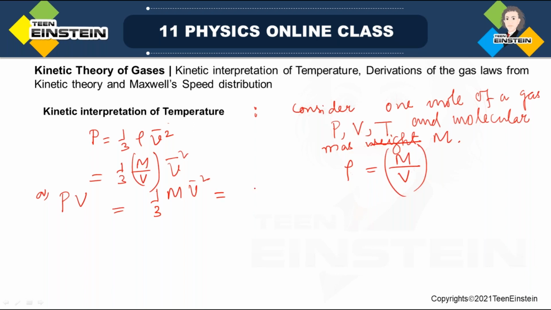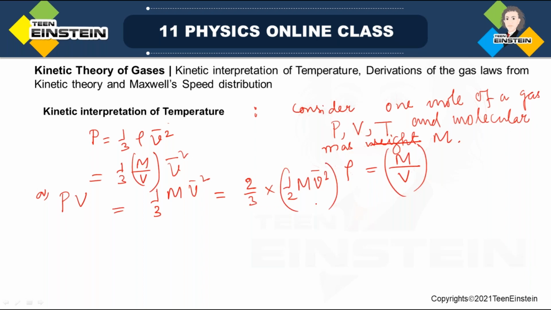See, this can be written like this also. I hope you agree with me. I have just multiplied by 2 and then multiplied by half also, so that the equation is unchanged.